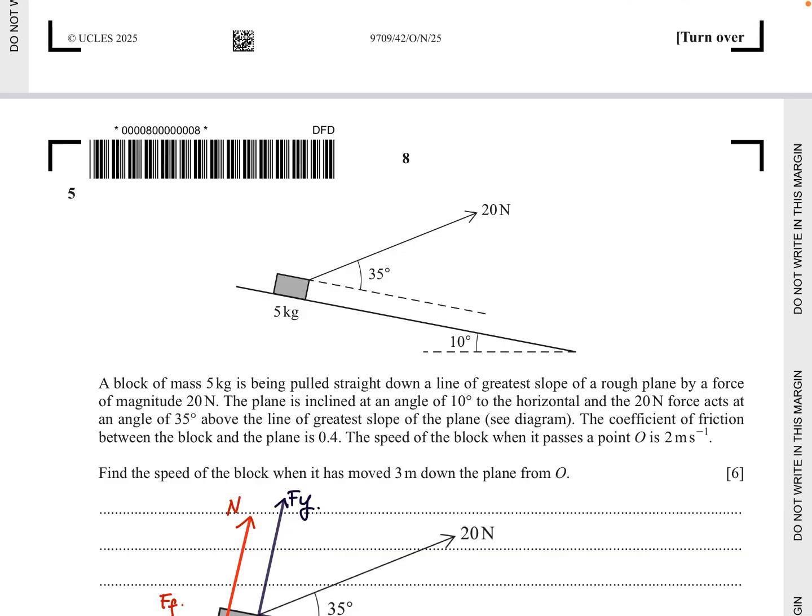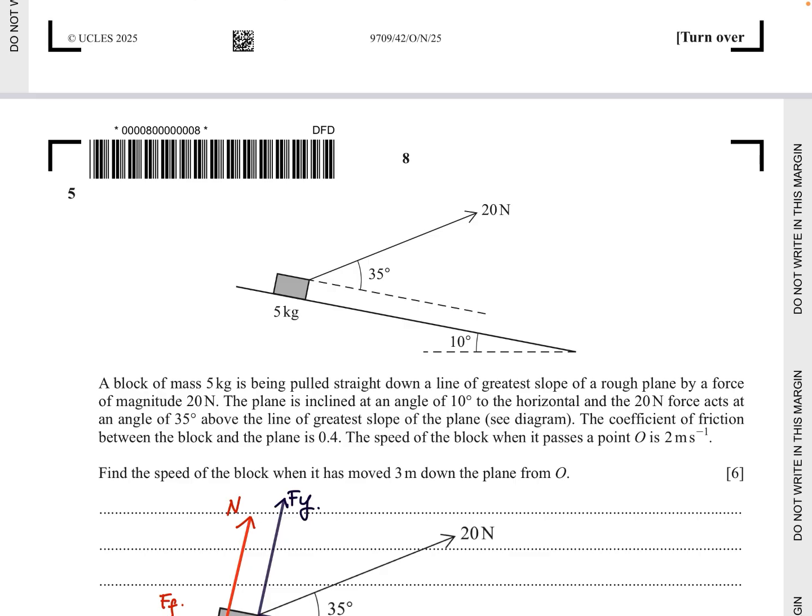Question 5. A block of mass 5 kilograms is being pulled straight down a line of greatest slope of a rough plane by a force of magnitude 20 newtons. The plane is inclined at an angle of 10 degrees to the horizontal, and the 20 newton force acts at an angle of 35 degrees above the line of greatest slope of the plane.